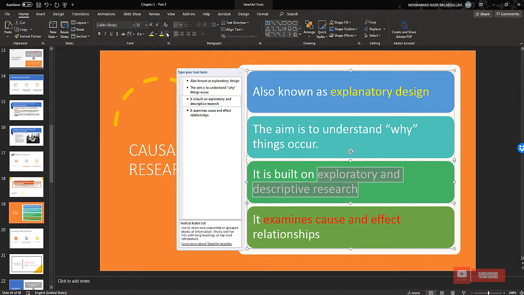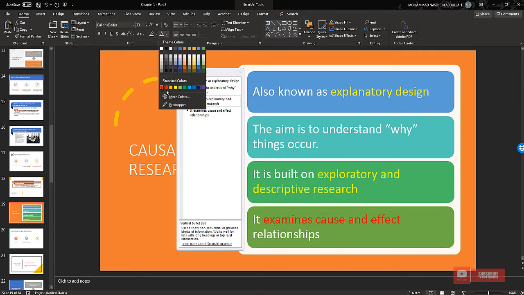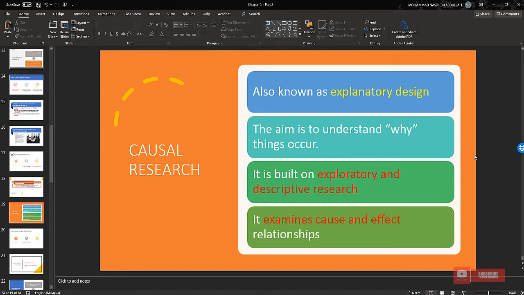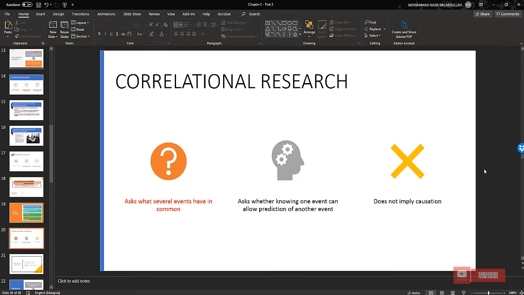So causal research cannot be done unless you have gone through exploratory research and descriptive research. It examines the cause and effect of the relationship, right? Correlational research is another type of research under descriptive study. It asks what several events have in common, and whether knowing one event can allow prediction of another event.